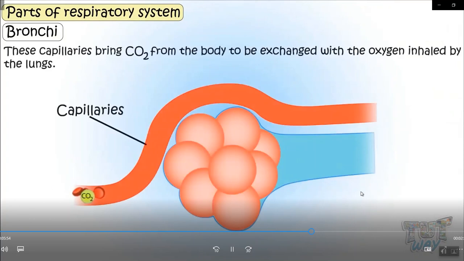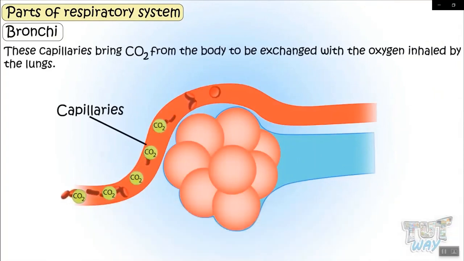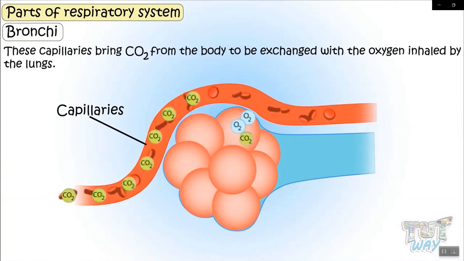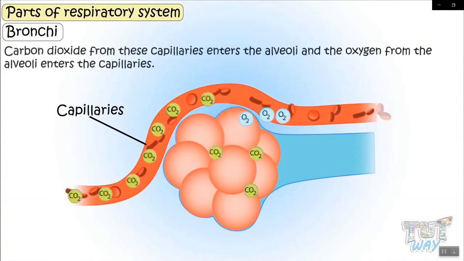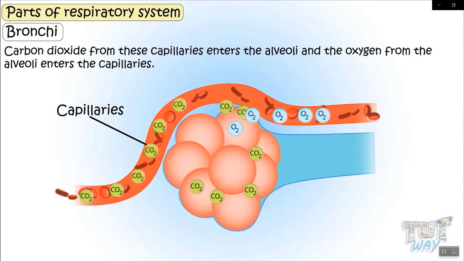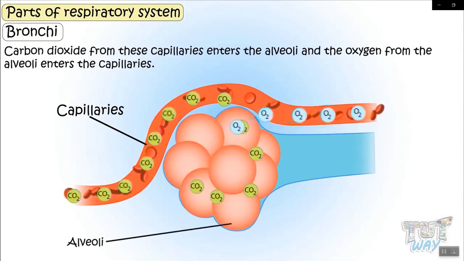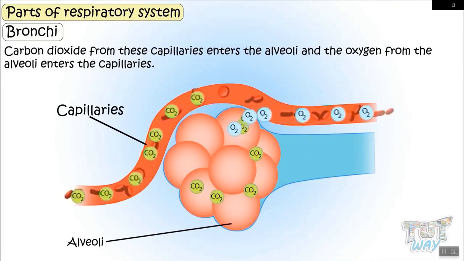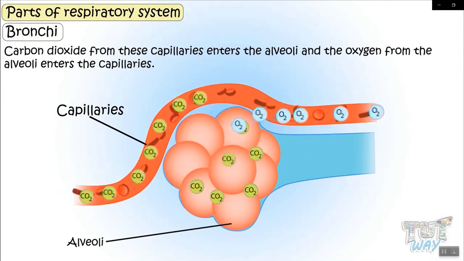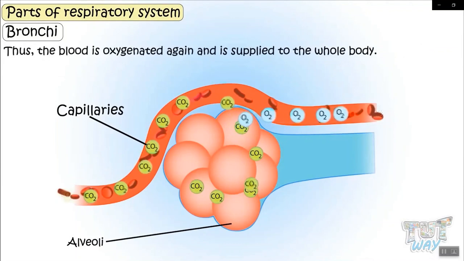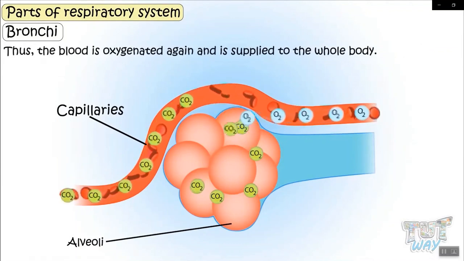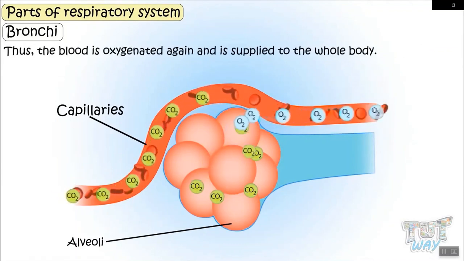These capillaries bring carbon dioxide from the body to be exchanged with the oxygen inhaled in the lungs. Carbon dioxide from these capillaries enters the alveoli, and the oxygen from the alveoli enters the capillaries. And thus, the blood is oxygenated again and is supplied to the whole body.